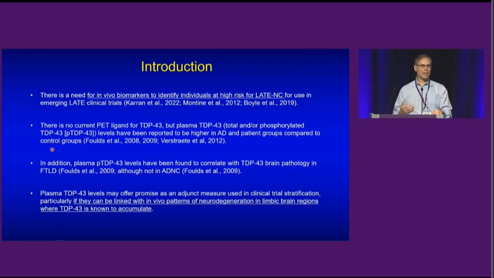However, we have plasma available, and plasma TDP-43 has actually been associated with AD. It's higher in AD than in controls, and it's been correlated with function or level of pathology in FTD, although not with Alzheimer's disease. However, as a first step, we really need to assess plasma and potential markers given that they're non-invasive.